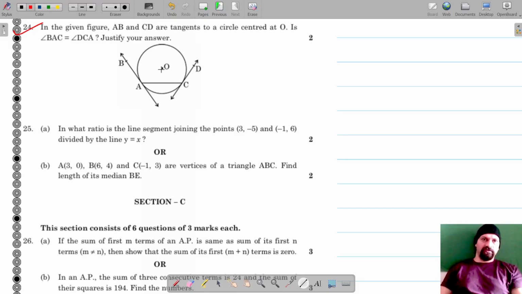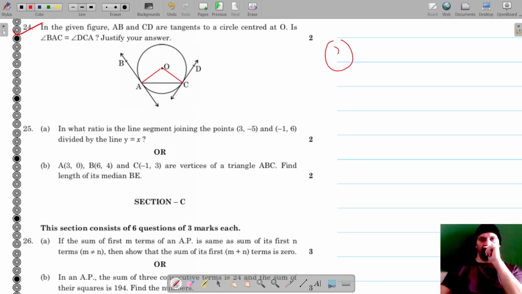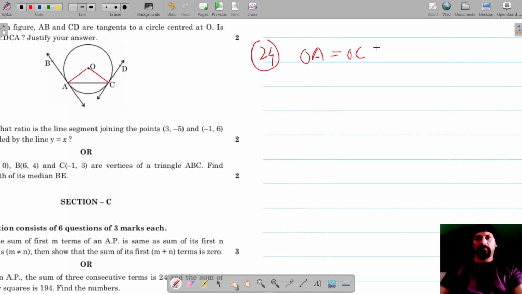Okay, for this, let's join OA and OC. So in this case, OA is equal to OC. The reason being, these are the radii of the same circle.